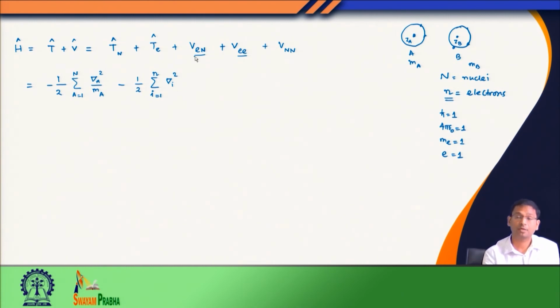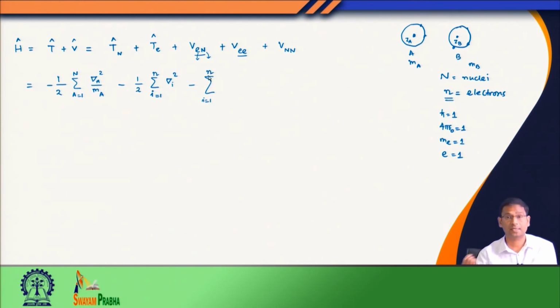Now I come to V EN, that means the electron with the nucleus. These are going to be attractive interactions. We have to see that there are small n number of electrons and capital N number of nuclei. So first write i equals 1 to n.